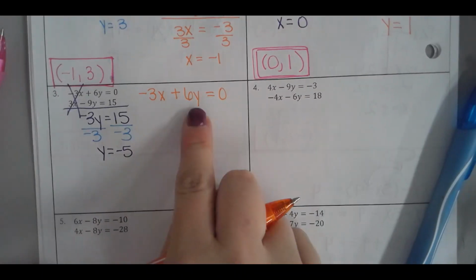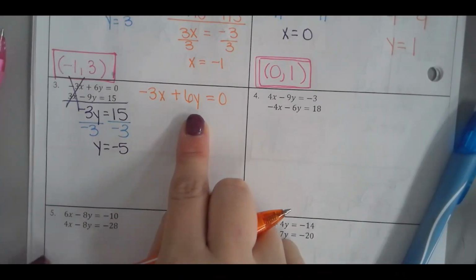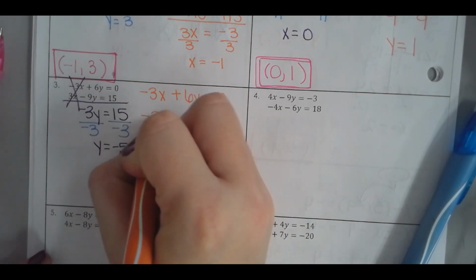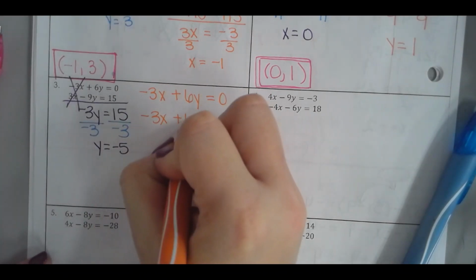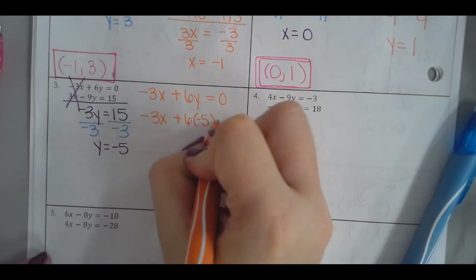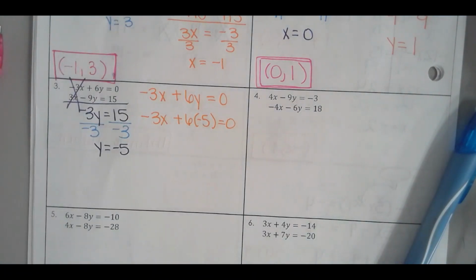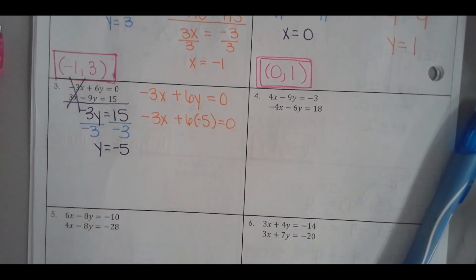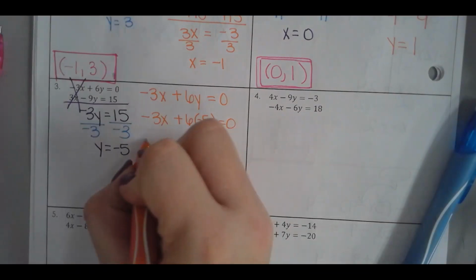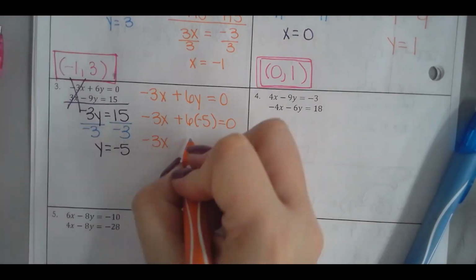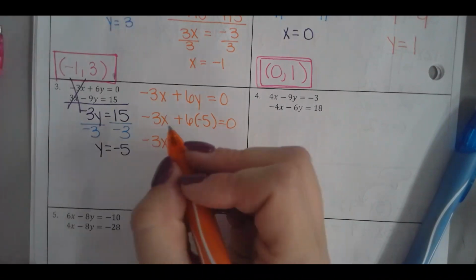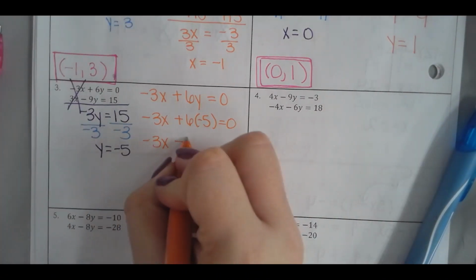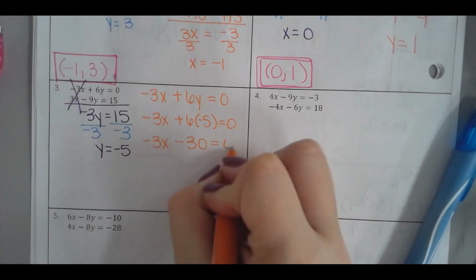So I'm going to put a -5 in the y spot. And then I need to multiply the 6 and -5. And Ashley, what does that give me? Yep, -30. So I'm going to have -3x minus 30 equals 0.